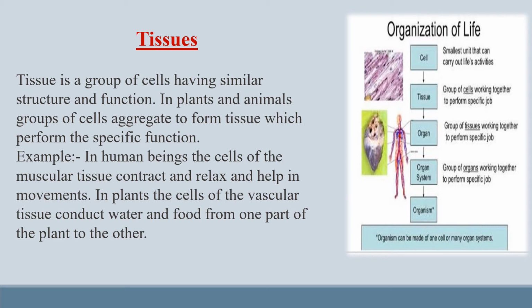There are different organs, like the muscular organ, the heart, the kidney. They are different organs, and all perform specific functions and coordinate to form the complete organism.